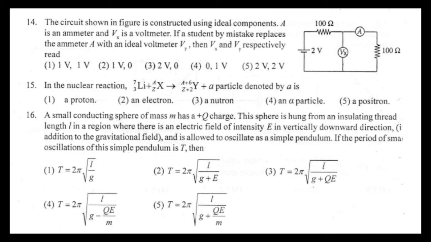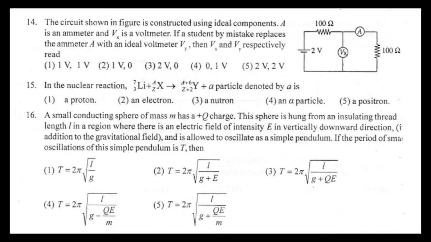And look at the mass number. The mass number of the left hand side particles is Z plus A, and the right hand side is 6 plus A, and the balance must be there for A. So the mass number of A is 1. Atomic number 1, mass number 1. So it must be a proton. Answer 1.